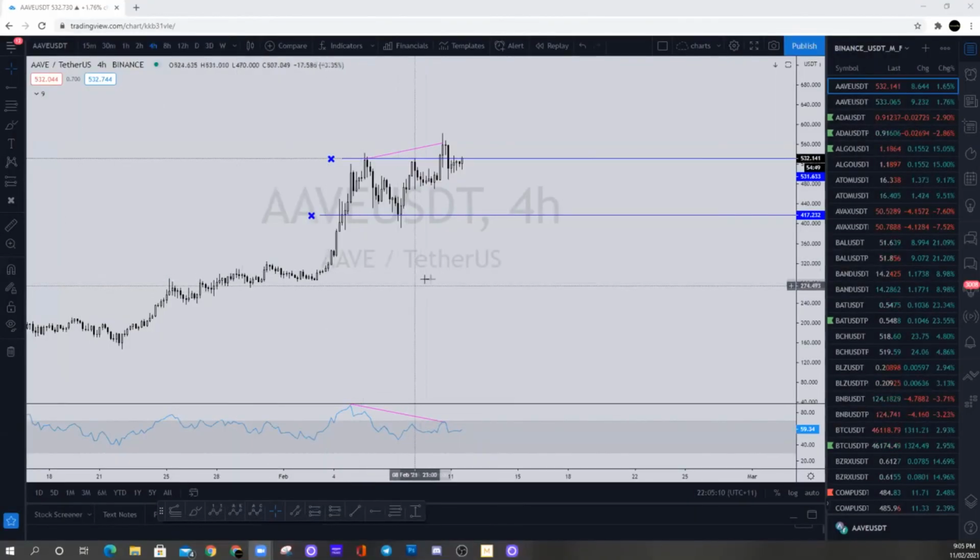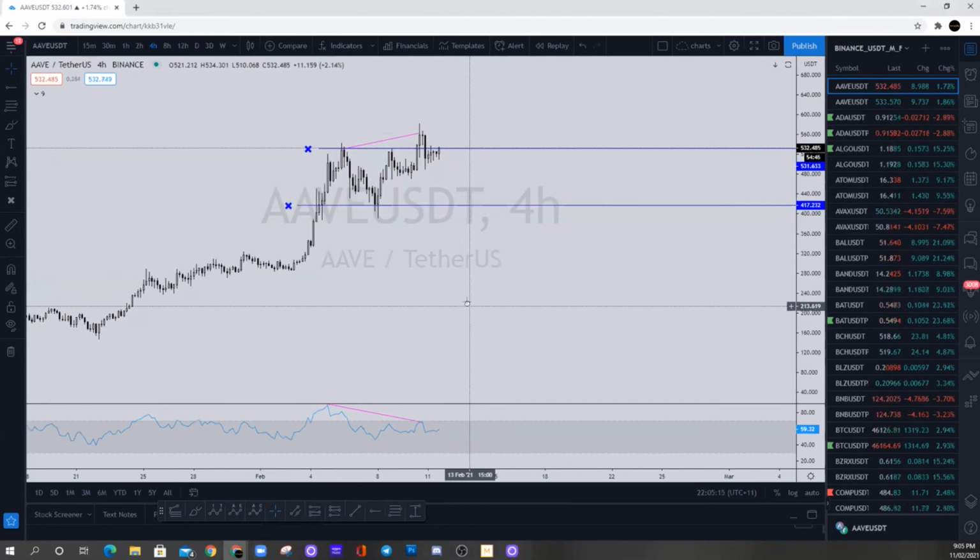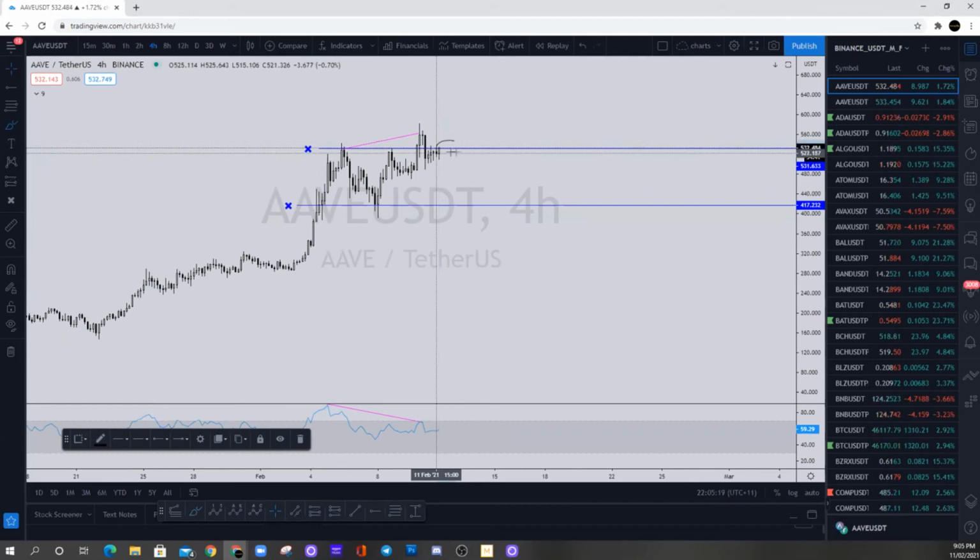I'll do a quick one for you, Simon. Really, really basic for me on this one. Everyone seen the chart? AAVE. Really simple, mate. If this level breaks up, it's going to go up.